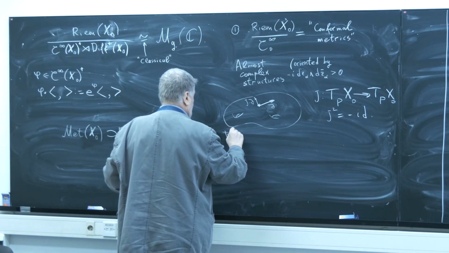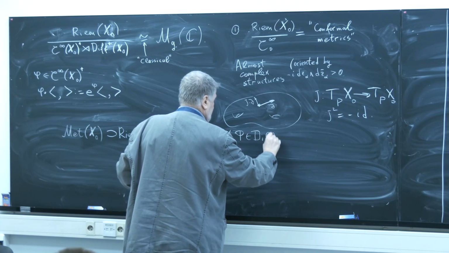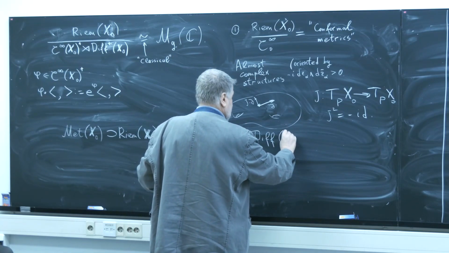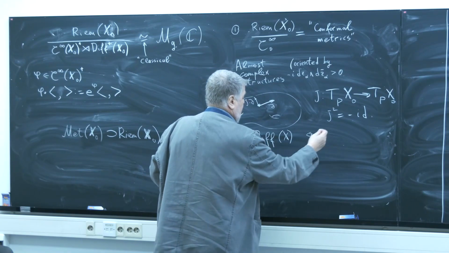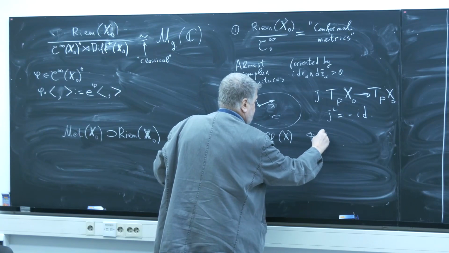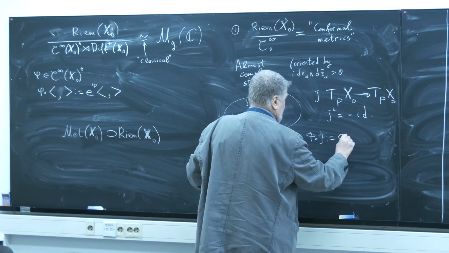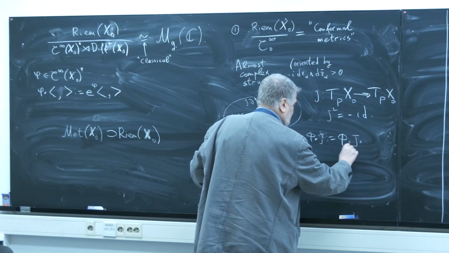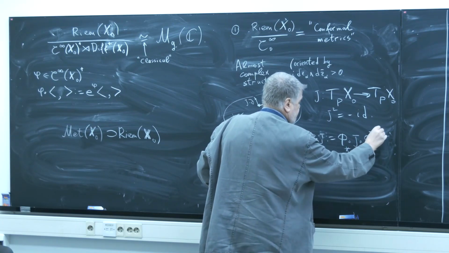And so for phi being in fact any diffeomorphism without plus, phi applied to the almost complex structure J is by definition just phi composed with J with phi lower star inverse.